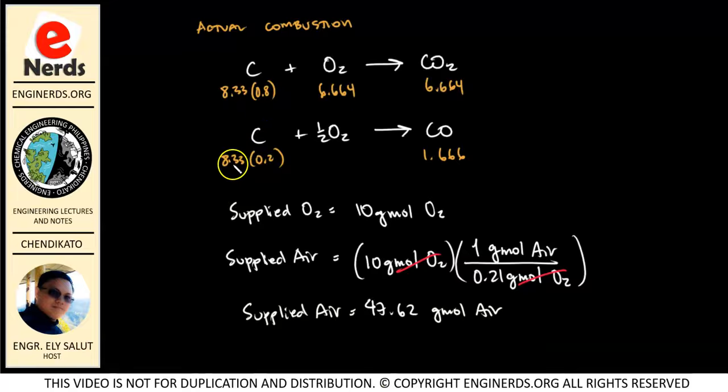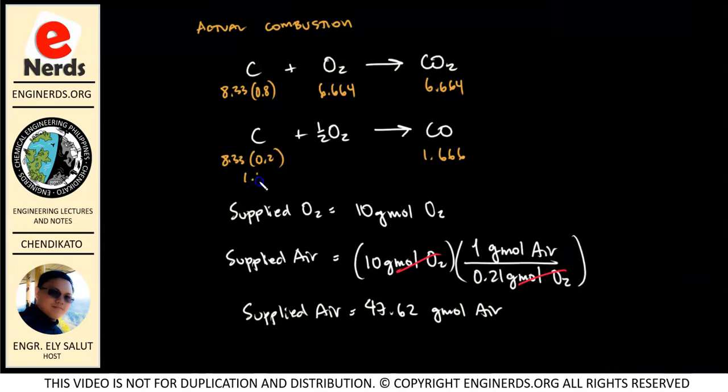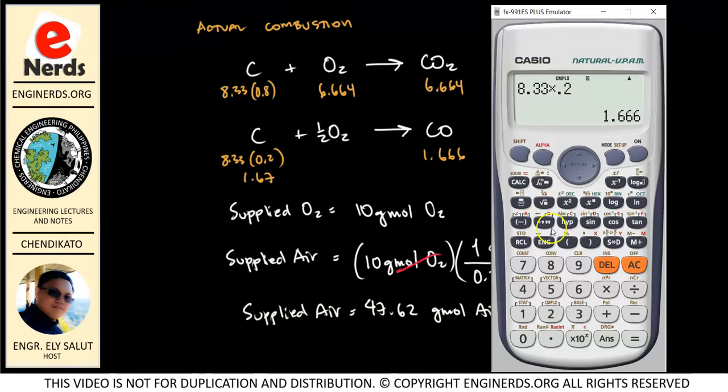So, that means 8.33 times 0.2 divided by 2 para makuha natin yung value ng O2, no? So, we have 8.33 times 0.2. This is 1.67, no? 1.67. Then, ang ratio nila is 1:1/2. So, therefore, we have to divide this to 2. So, 1.67 divided by 2 is equal to 0.833.